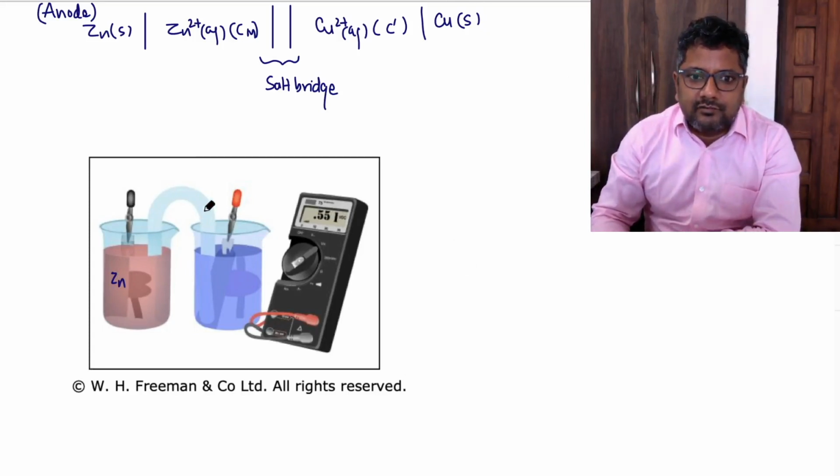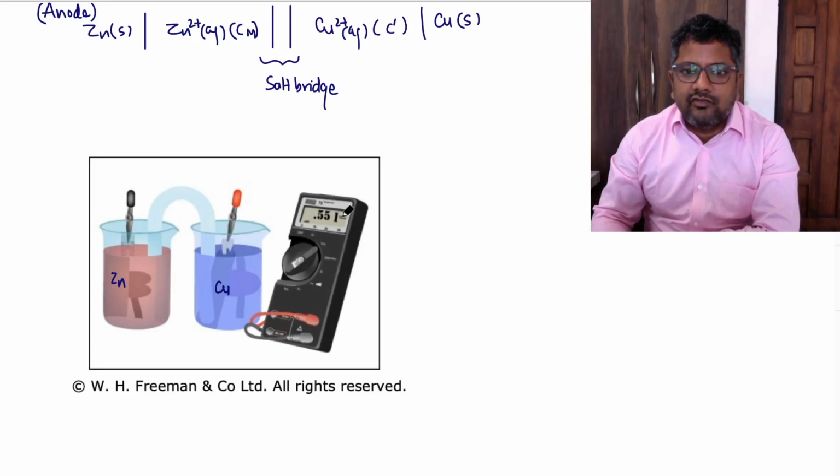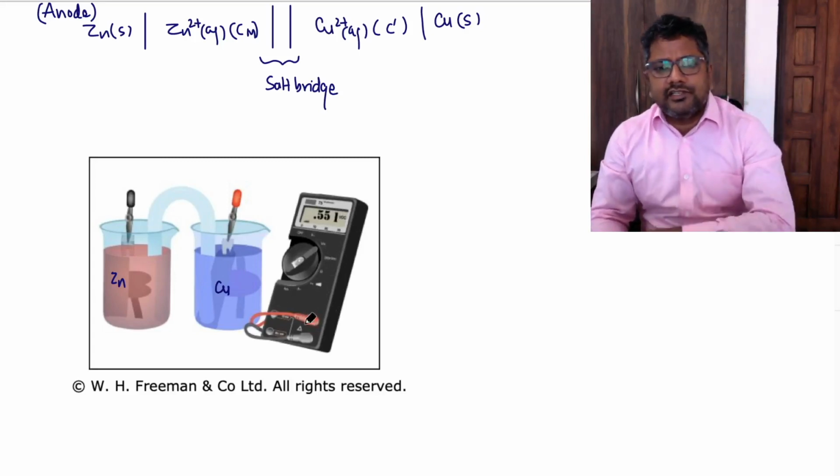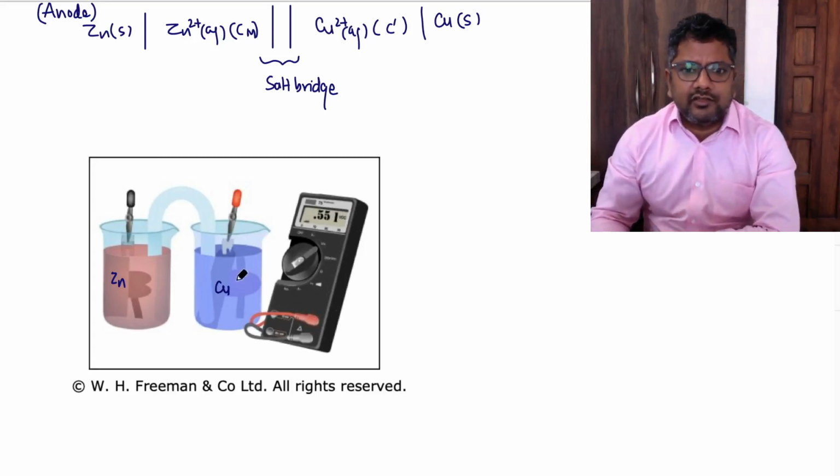This is a salt bridge, and this is a copper rod and copper sulfate solution, and this is the connection here. This is the cathode and this is the anode, and you get the voltage here. So this is a very simple representation. Take two beakers, in one zinc sulfate, in the other copper sulfate, a copper strip, a zinc strip, and connecting wires, and this is the salt bridge.